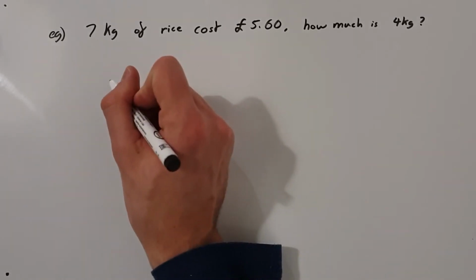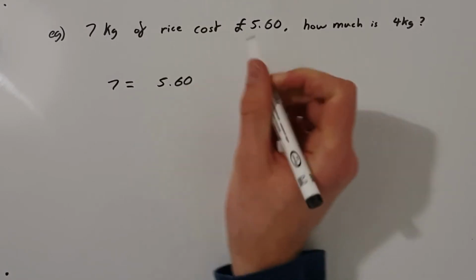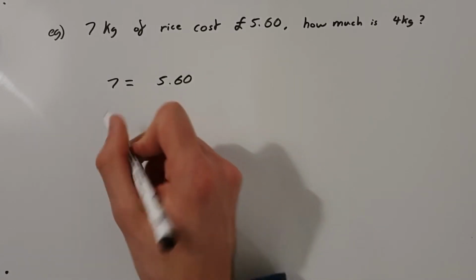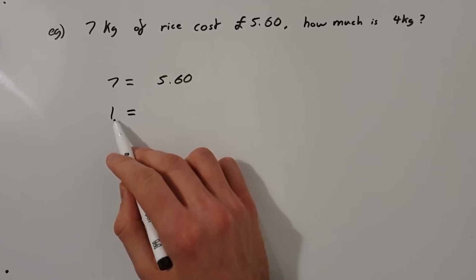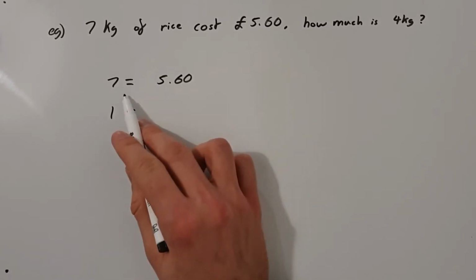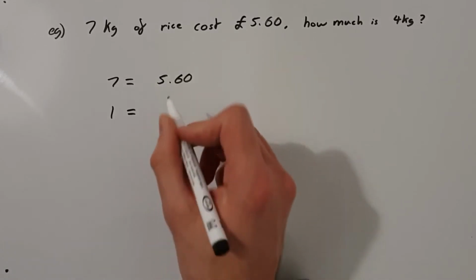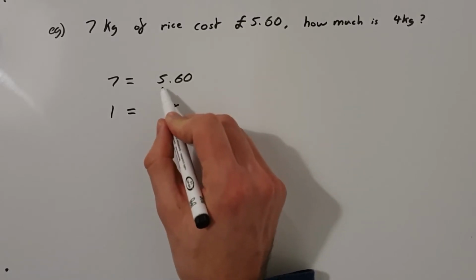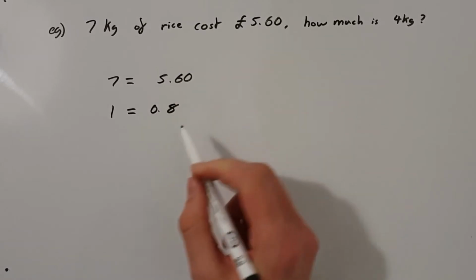Okay, so we know that 7 equals 560. So we want to first find out how much 1 costs. If 7 equals 560, then for 1 we have to divide 560 by 7. 560 divided by 7 will give us 80p, or if we did 5.6 divided by 7, it would give us 0.8.